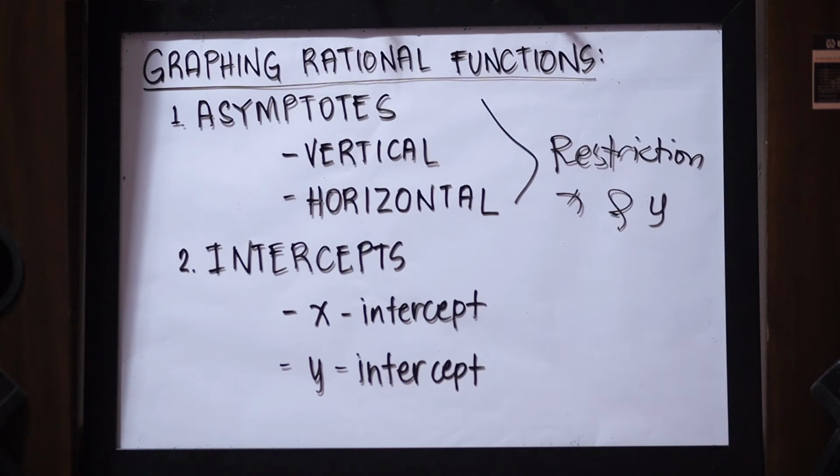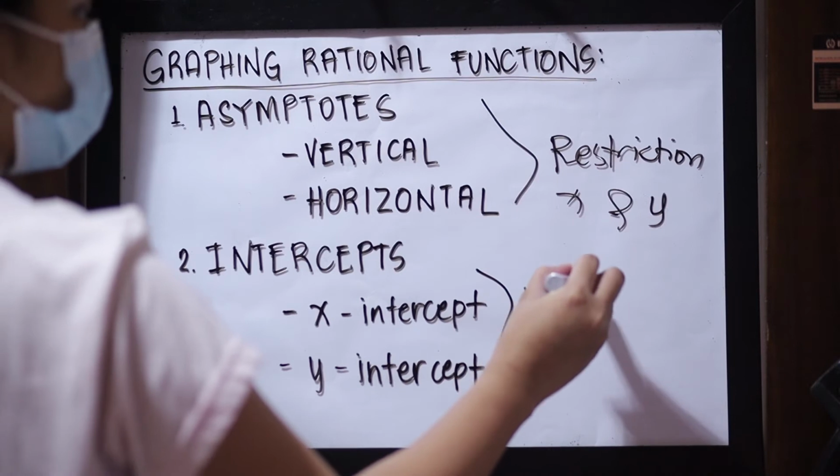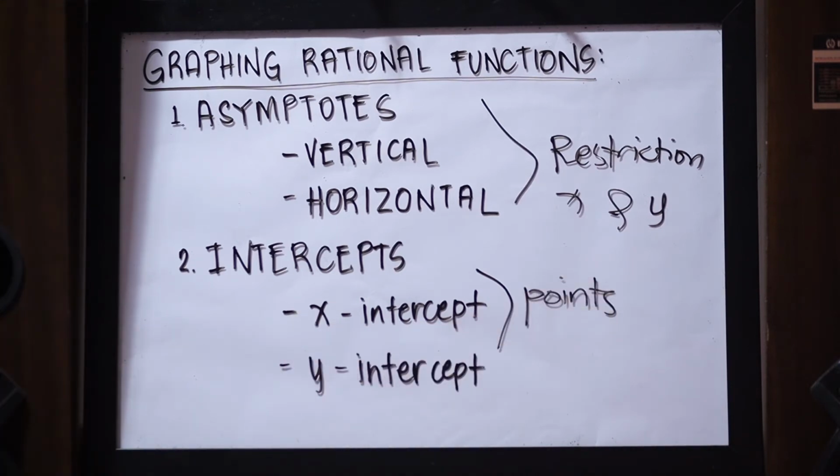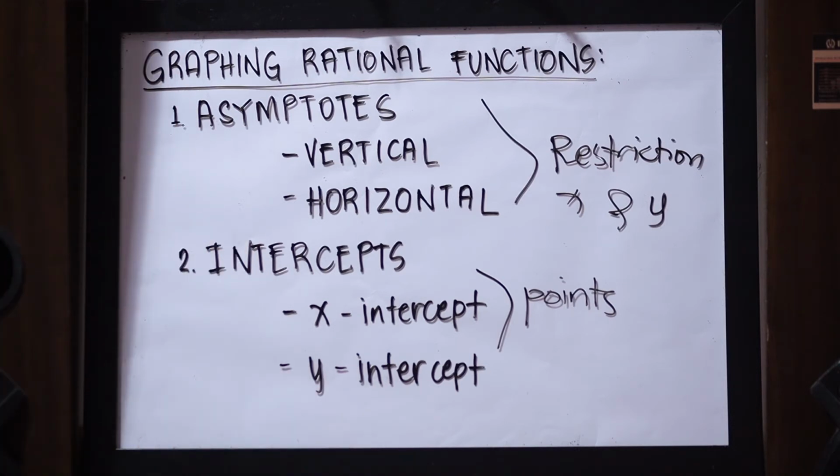So, next is yung intercepts. Yung intercepts naman, ito yung mga points that you will need in order for you to know where the graph lies in a given Cartesian plane for a certain rational function. So again, yung asymptotes, ito yung restriction mo na values for x and y.